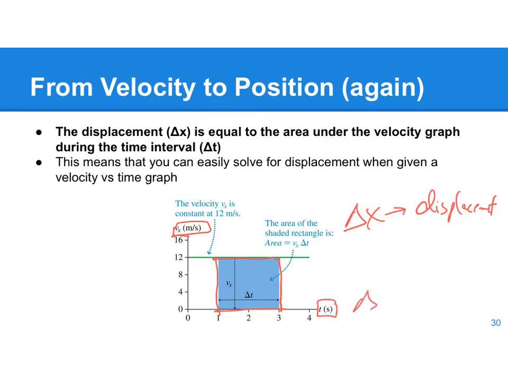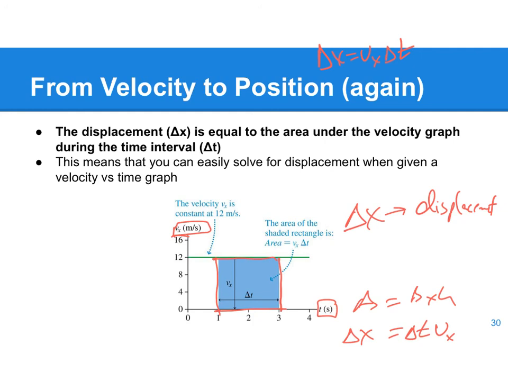My area is going to be base times height. Again, the area is delta x. My base is delta t. My height is v. And you might look at this and say delta x equals delta t times vx. Oh, wait, that's delta x is vx delta t. And we talked about that already, and you're absolutely correct.